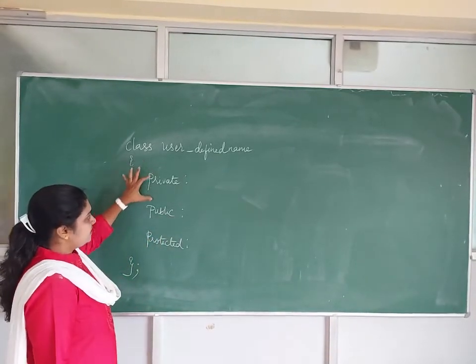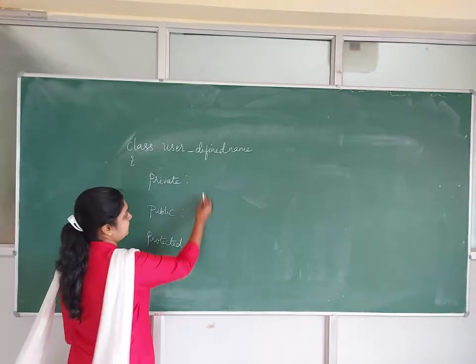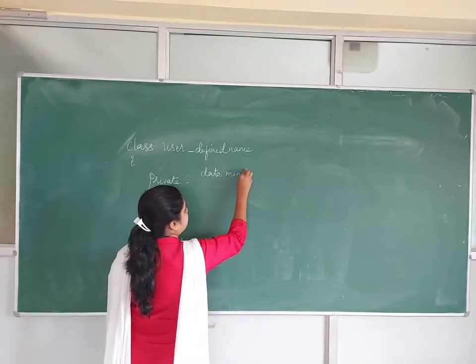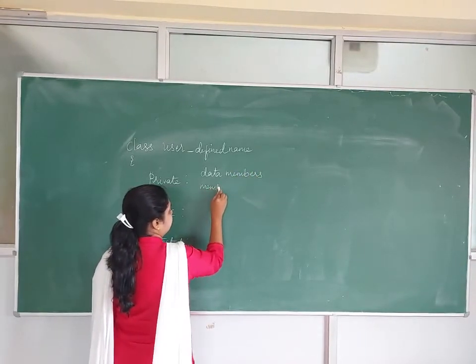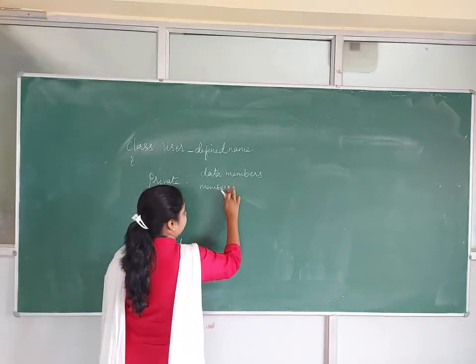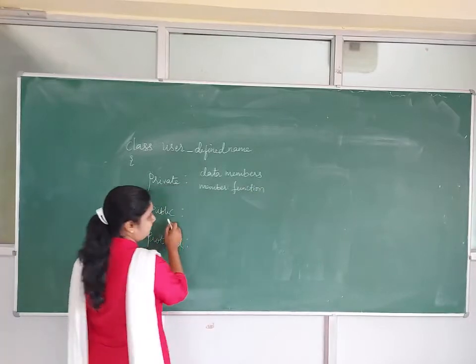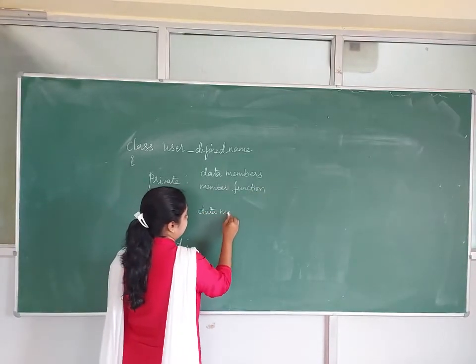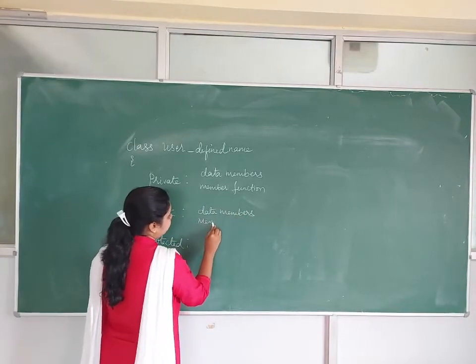So you can consider any access specifier. It has two types: data members and member functions. If it is public, again it is declared with data members and member functions.